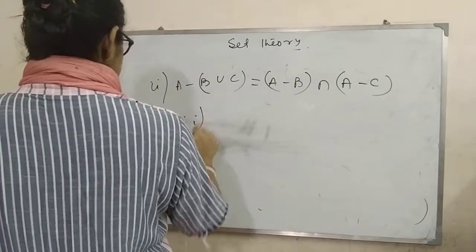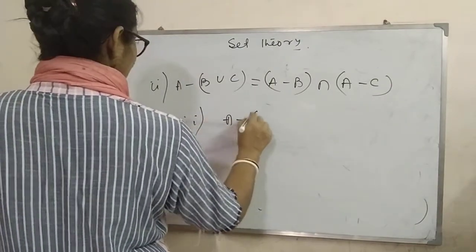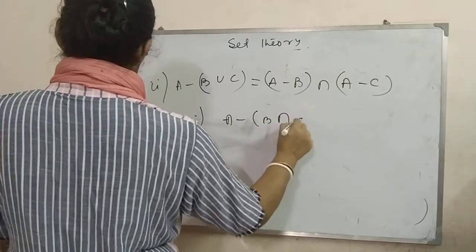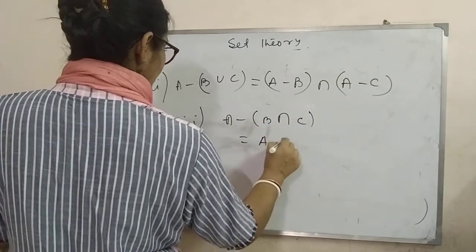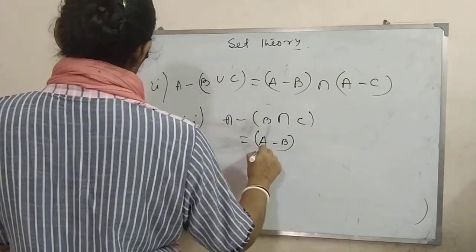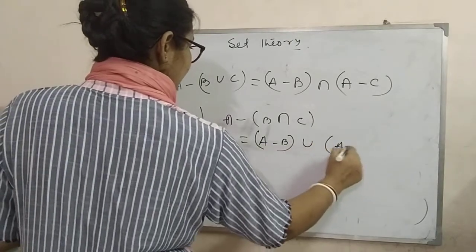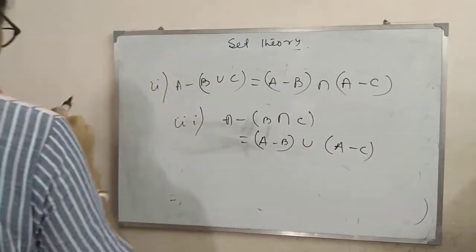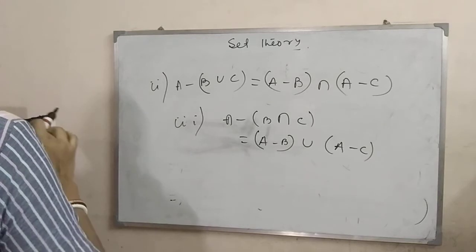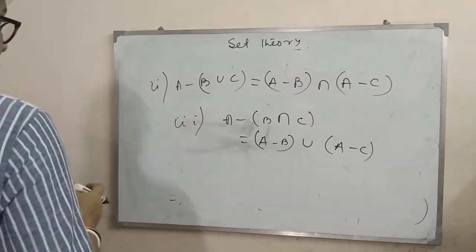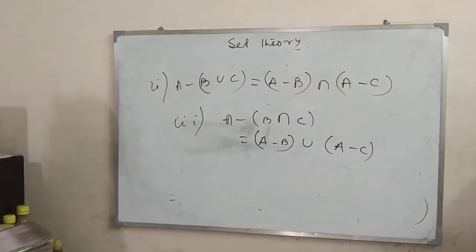Second, you will prove A minus (B intersection C) is equal to (A minus B) union (A minus C). Okay. You will prove it.